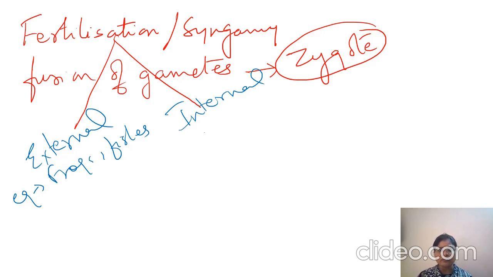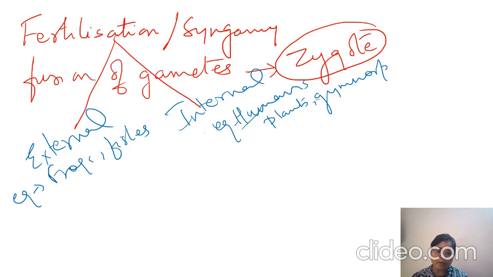Even your plants show a lot of internal fertilization. Here you can give examples of humans. Plants like gymnosperms, so many are there. Even your pteridophytes are all examples of internal fertilization.